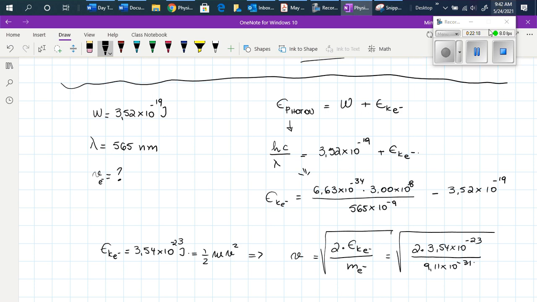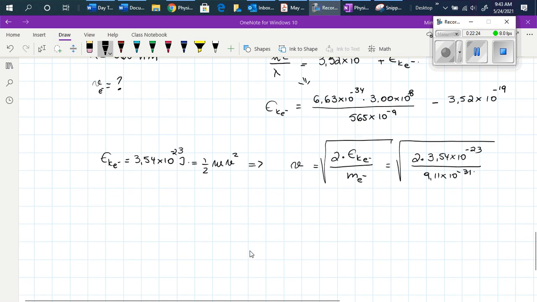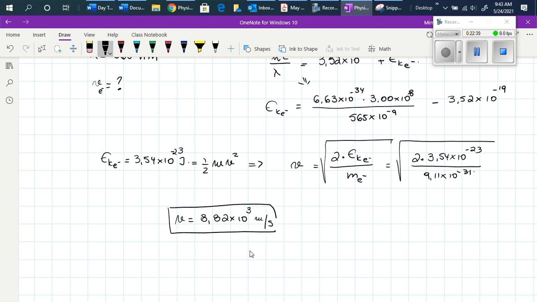And now using your calculator, let's see what the speed of the electron is. I have here for the speed of the electron 8.82 times 10 to the power of 3 meters per second. So this is the speed at which the electrons go from one plate with that specific work function into the other one, and in that case closing the circuit.